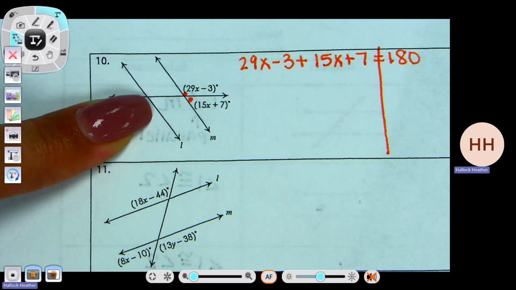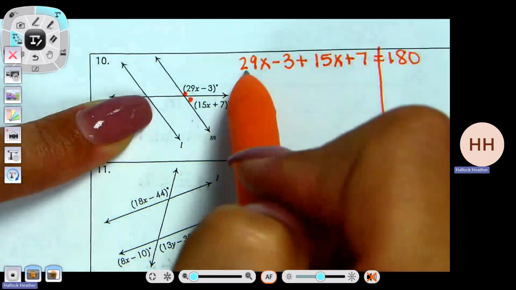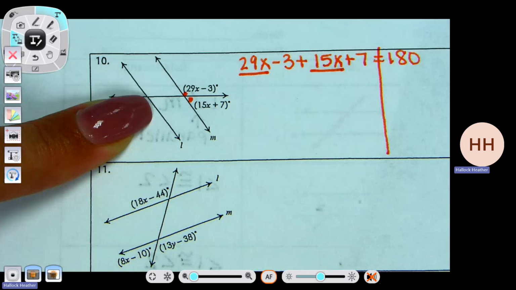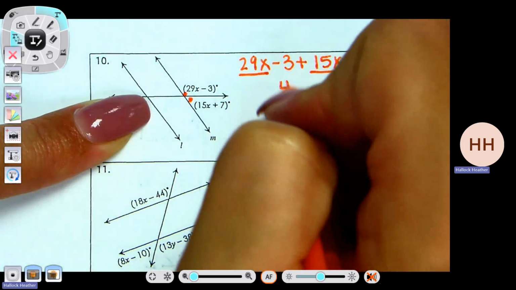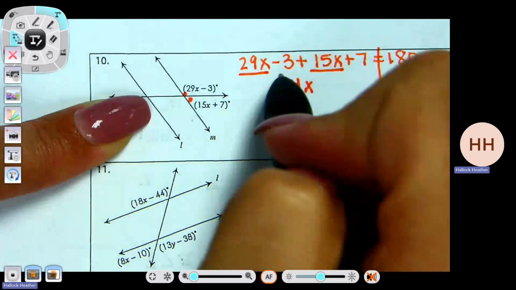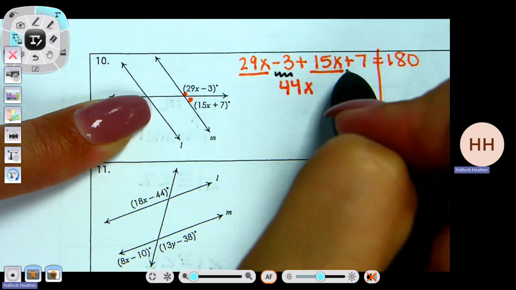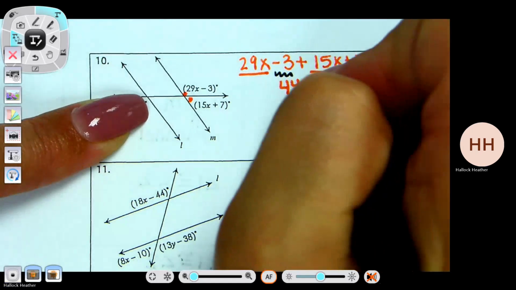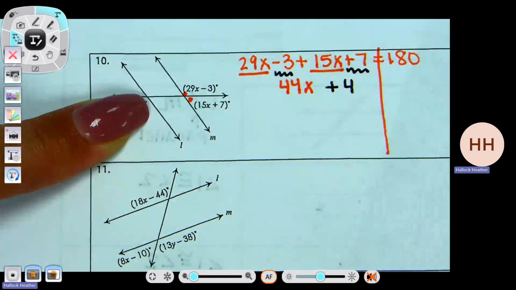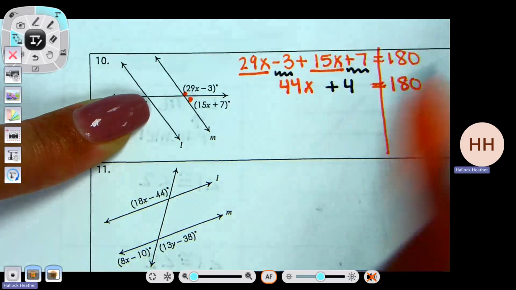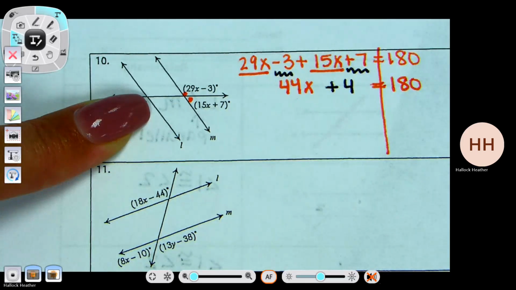So if I add my X's together, I have 29 and I have 15, that's 44. If I combine -3 and 7, 4. It should always come down to a 2-step problem. I'm going to subtract 4. And then I'm dividing by 44.